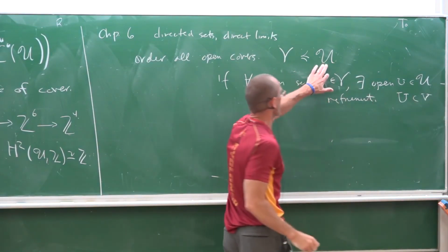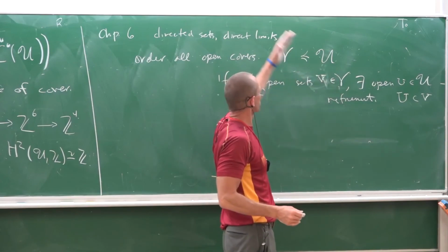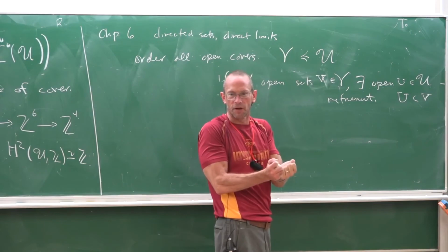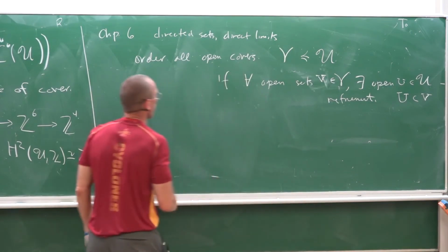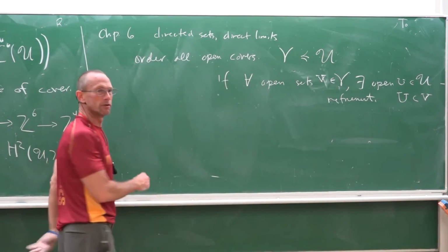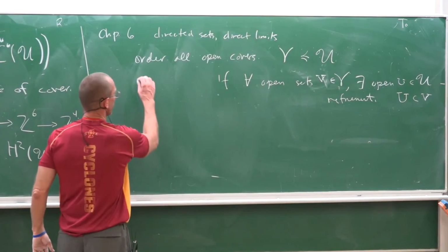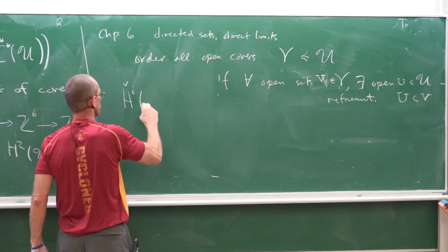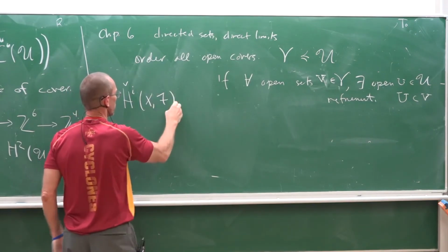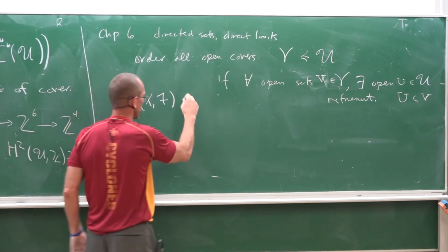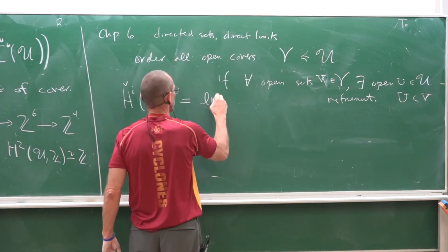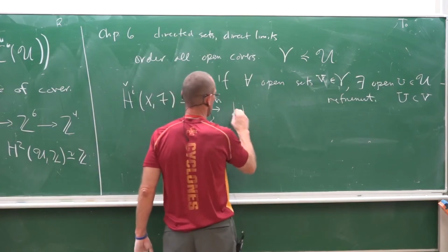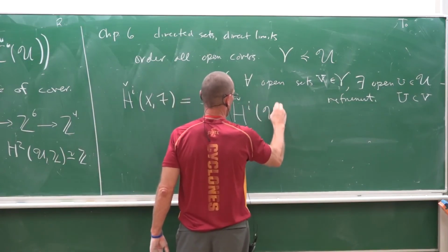So this is bigger in this order if it's got a finer collection of open sets, right? And then there's this notion of a direct limit that I'm not going to do at this point in the day, but then we can say that the ith check cohomology of X with F, notice I'm not cover dependent, is going to be by definition the direct limit over this ordering on my open covers of H^i check of U with F.